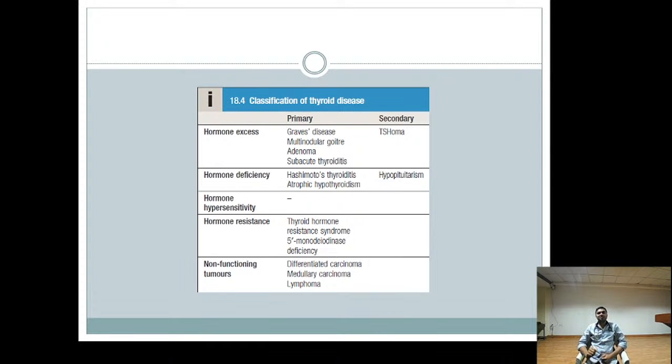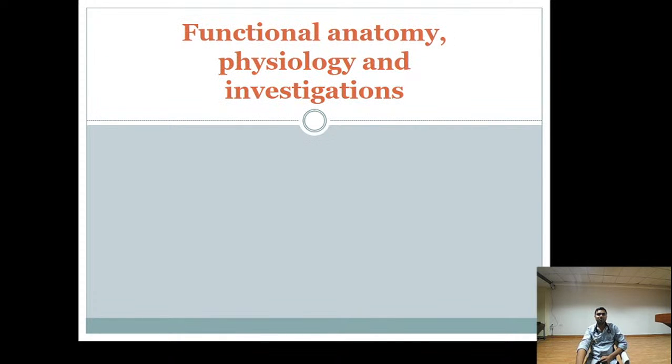Hormone deficiency may be due to Hashimoto's thyroiditis or atrophic hypothyroidism. Hormone resistance may be due to thyroid hormone resistance syndrome. Non-functioning tumors include differentiated carcinoma, medullary carcinoma and lymphoma.